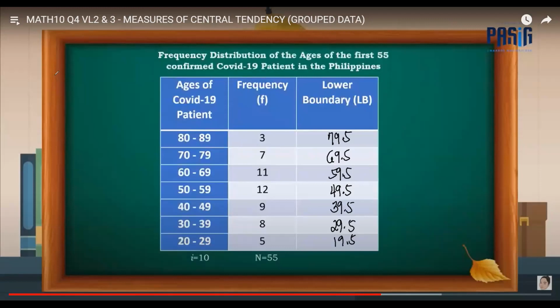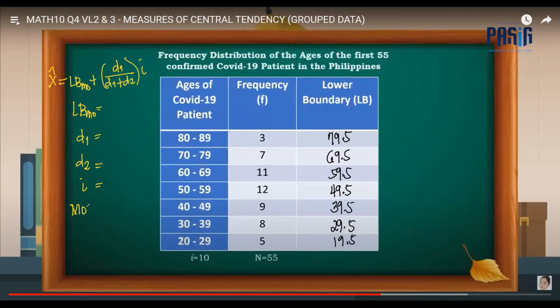Ano yung formula natin? That is mode is equal to the lower boundary of the modal class plus D sub 1 divided by D sub 1 plus D sub 2 times the I. So ano na yung mga kailangan natin? We need to identify the lower boundary of the modal class, yung D sub 1, yung D sub 2, at yung I. So, paano natin malalaman yung modal class?